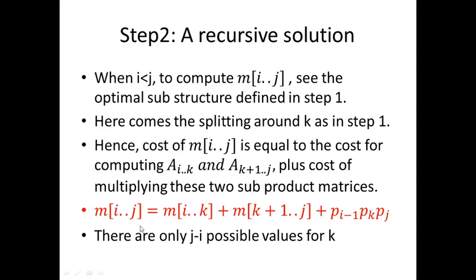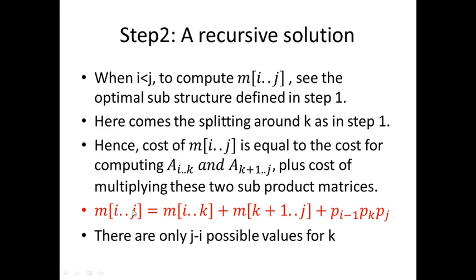The number of scalar multiplications required for finding m[i, j] will be the two subproducts m[i, k], then the second one m[k+1, j], then finally multiplying these two matrices together, we get the dimension p(i-1) p(k) p(j). This will be your answer, and remember that for this splitting we have only j minus i possible values.